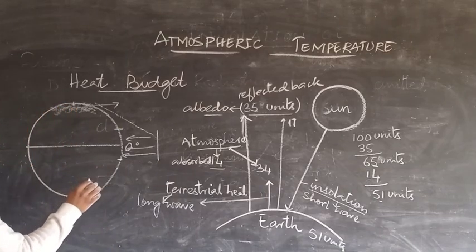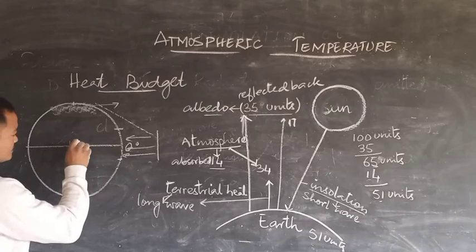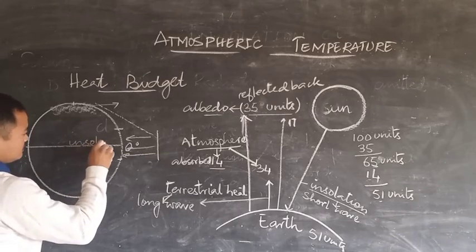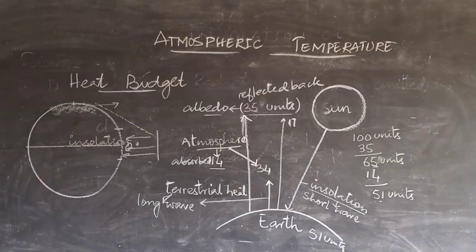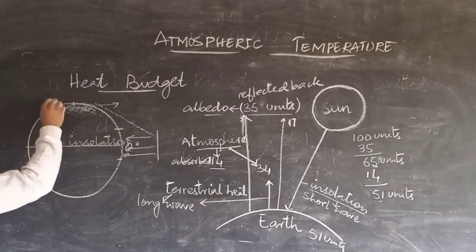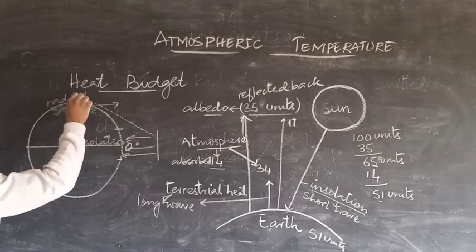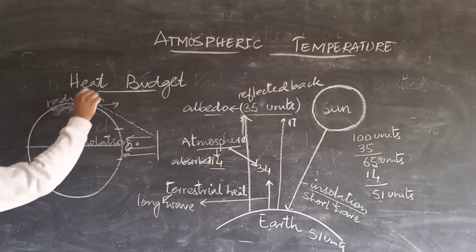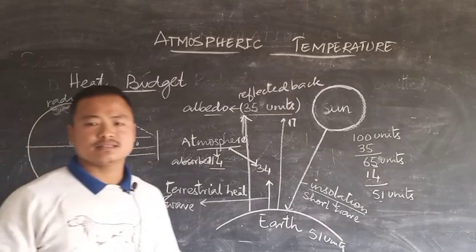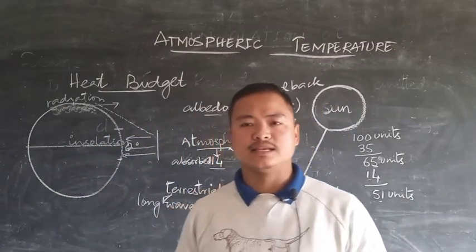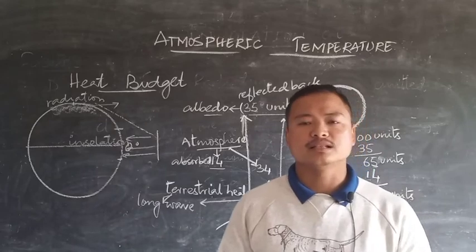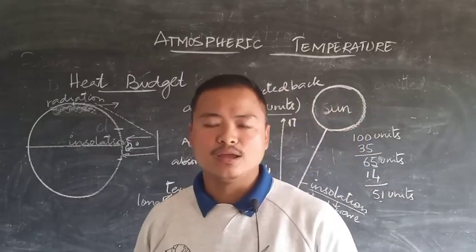So, what we find as the difference is that at lower latitudes, insolation is maximum, and at higher latitudes, radiation is maximum. This imbalance in the heat at higher latitudes and lower latitudes results in the formation of winds and ocean currents.